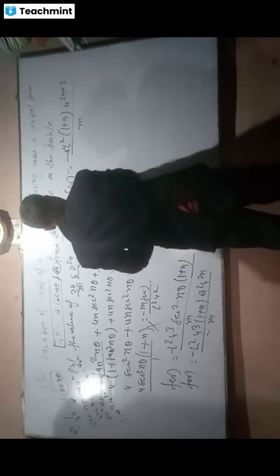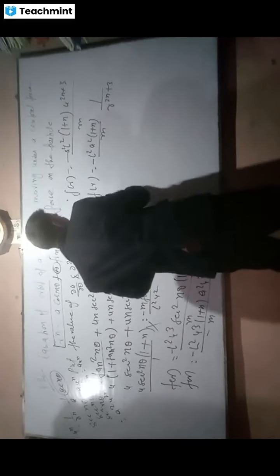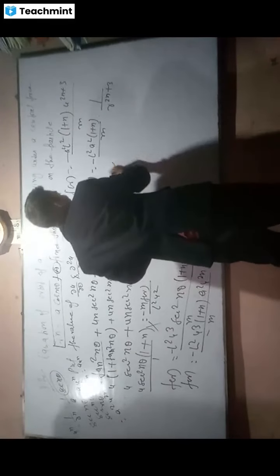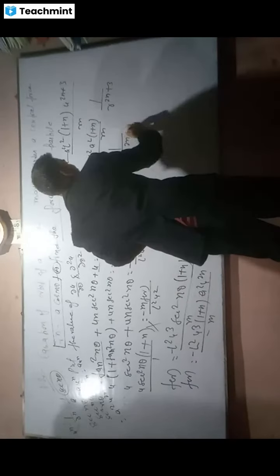Okay, here also written as fr equals to minus L² a² (1 plus n) upon m into 1 by r to the power 2n plus 3. That means fr is directly proportional to 1 upon r to the power 2n plus 3.